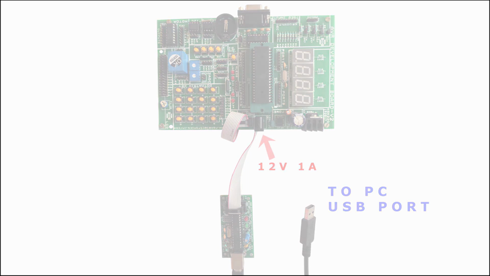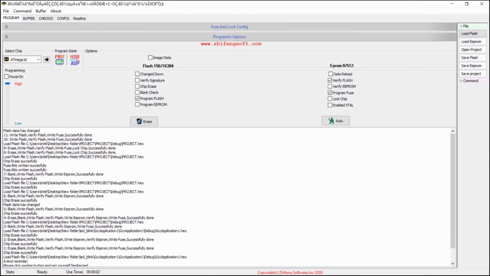Once you have done this, open the Program ISP software and choose the required microcontroller in the Select Chip drop-down box. Then you just want to check this Program Flash checkbox, and then check this Program Fuse and Verify Flash checkbox. And then you just want to set the clock to external crystal oscillator in the fuse bits configuration.